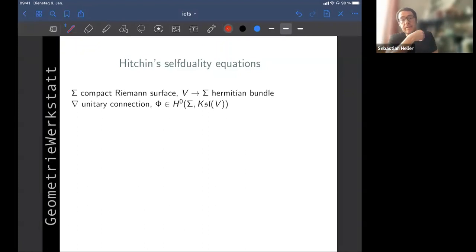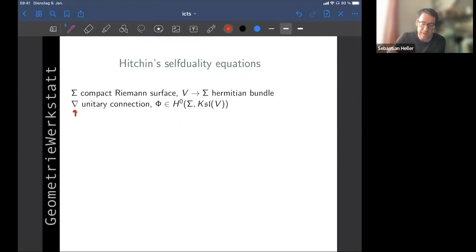And then I study unitary connections on this vector bundle, unitary of course with respect to the Hermitian metric, and Higgs fields. They are given by holomorphic one forms, so complex 1-0 forms with values in the trace-free endomorphism bundle. And holomorphic means that I consider the induced holomorphic structure from the connection nabla.